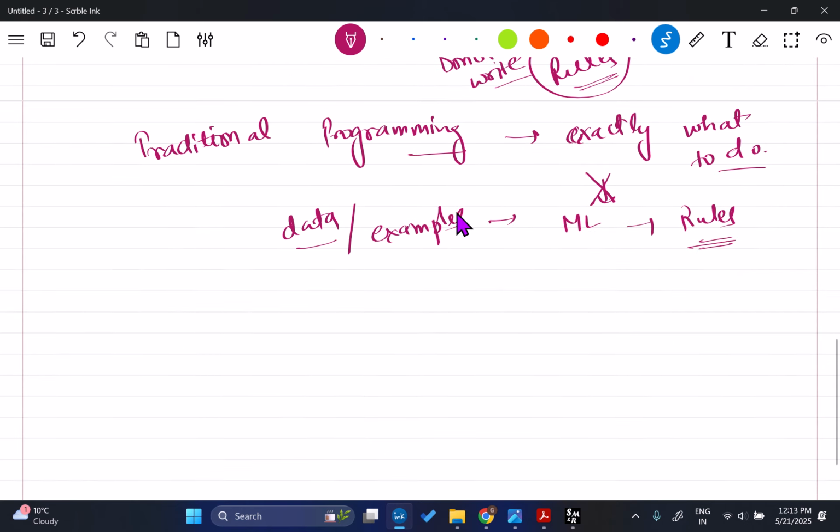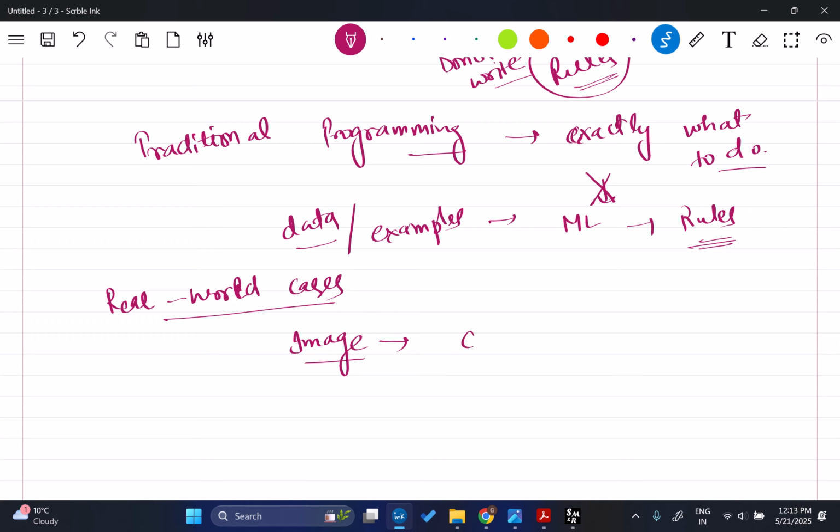Let's look at some real world use cases. ML is not only in big tech companies. We are using it all around us in daily life. For example, you click or scan an image and convert it into editable text.